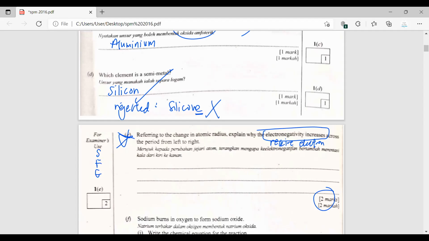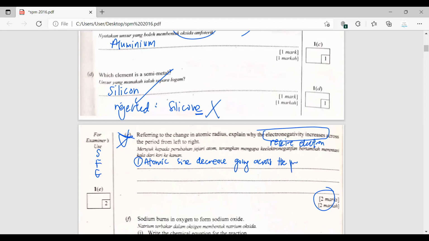Size. Very good. Give me the sentence. Going across the period, what happens to my size? Going across the period, the size increases? No, decreases. Yes, okay. Number 1, atomic size decreases going across the period.